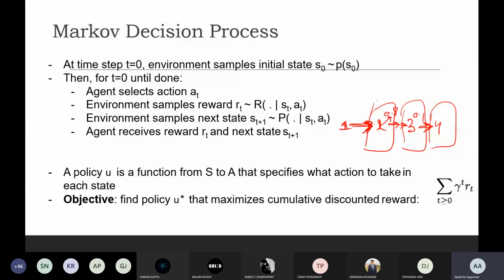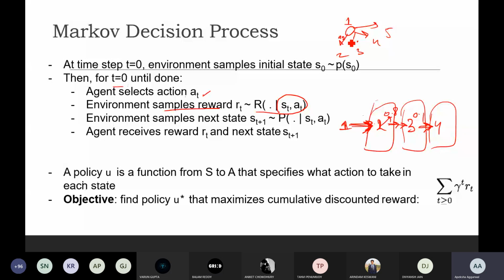Okay. We start at time t equals 0. The agent selects some action, and then the environment samples a reward from the set of states and actions. So here it has so many actions and so many states. State 1 was there, states 2, 3, 4, and 5 were there, and action 1, action 2, action 3, action 4, and action 5.